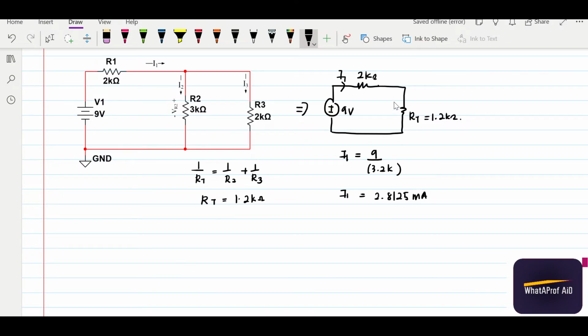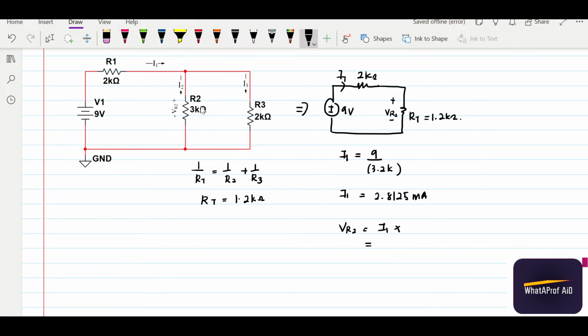VR2 equals to 1 times, sorry, not 3k, it's actually supposed to be 1.2k.